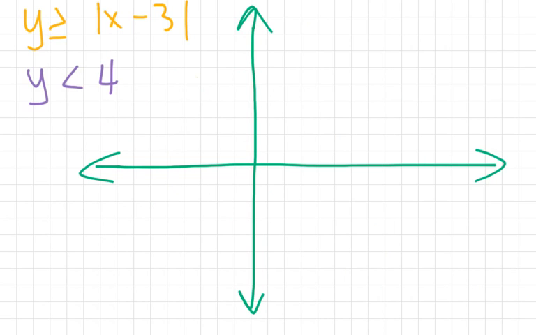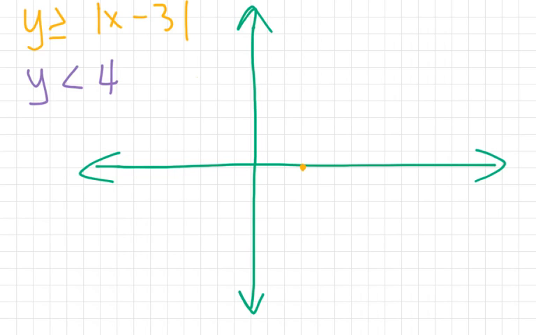Okay, let's do another example where we have an absolute value inequality as well as a linear inequality. Let's work with our absolute value inequality and graph it. Again, our vertex moves. In this case, it's going to move 3 units to the right. We have a horizontal translation.